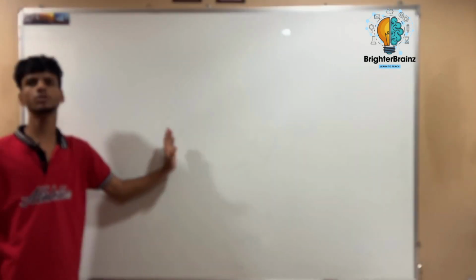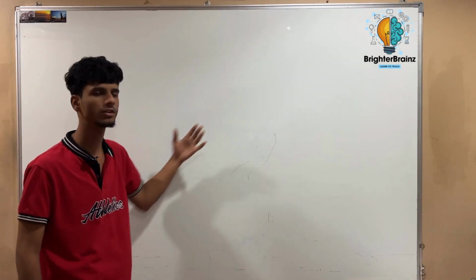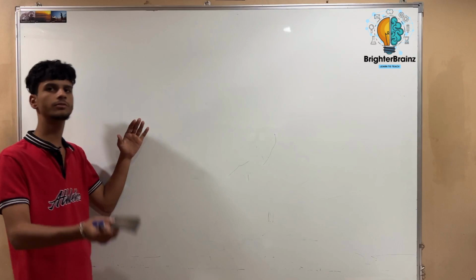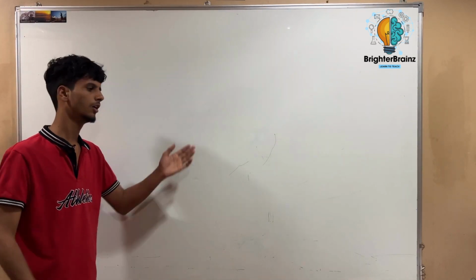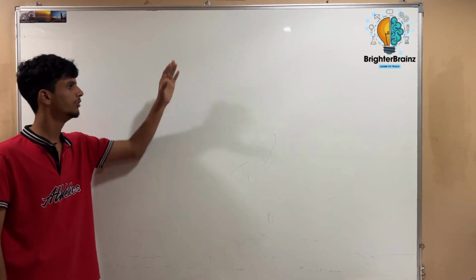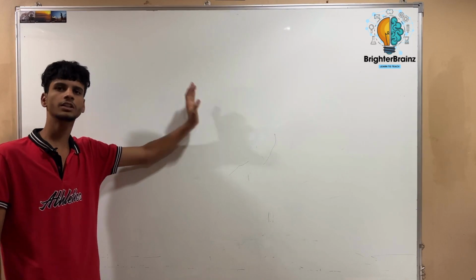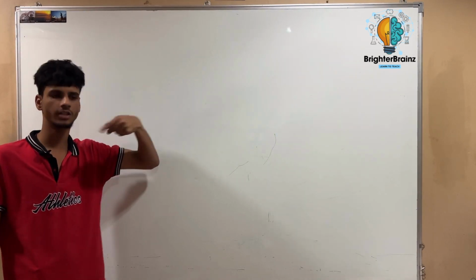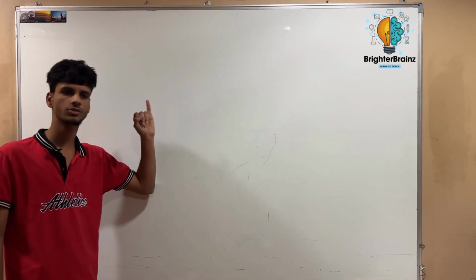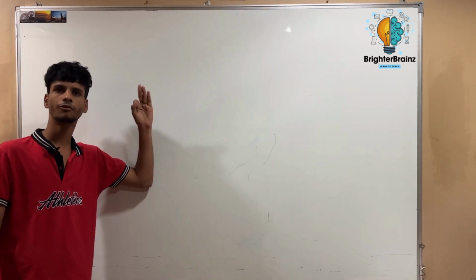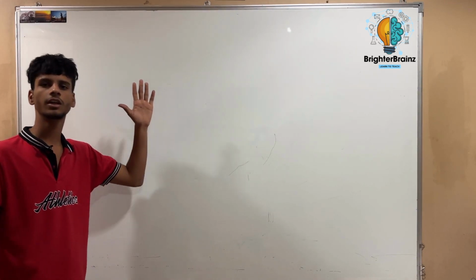Those values we are going to use in the problems, and the basics of trigonometry which we discussed before, those basics only we are going to implement here. But the new thing is, in place of theta we are going to use particular angles.